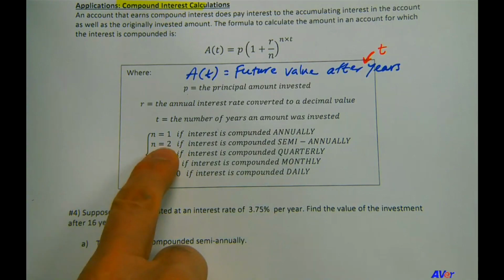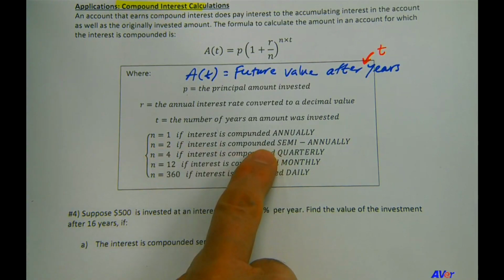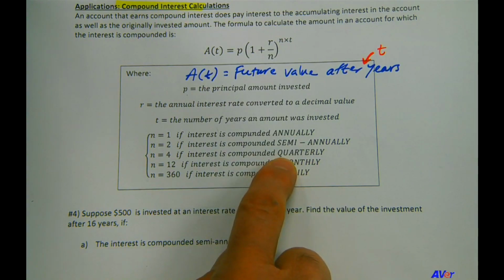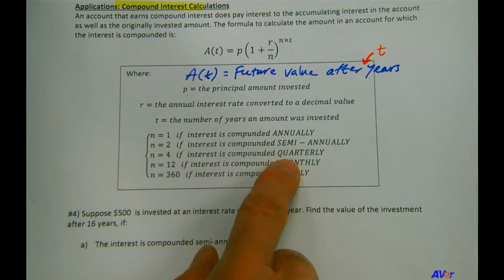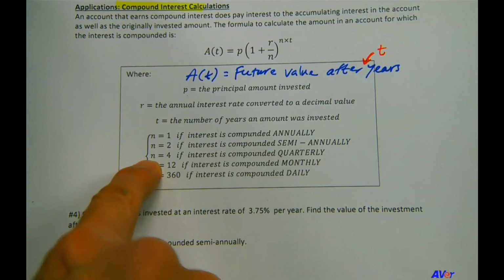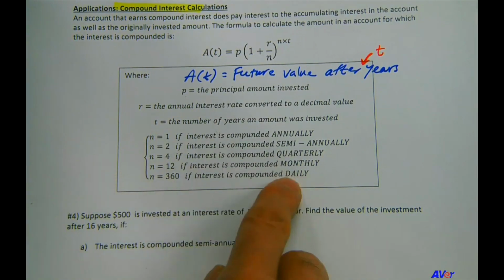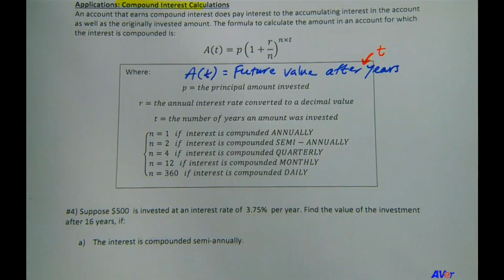If N is 2, that means the compounding of interest happens semi-annually or twice a year. If the compounding of interest happens quarterly or every 3 months, then N is equal to 4. And if it's monthly, N equals 12. And if it's daily, N equals 360.